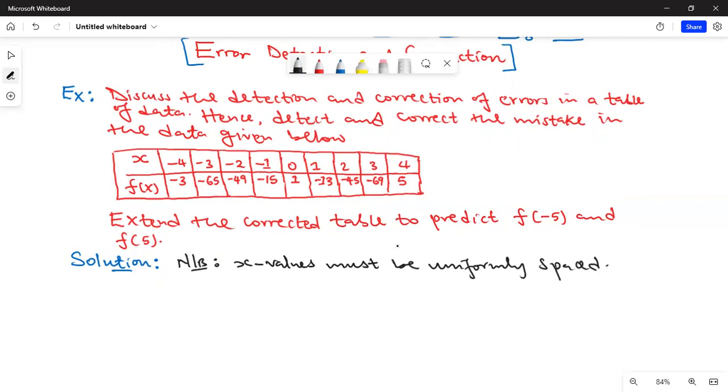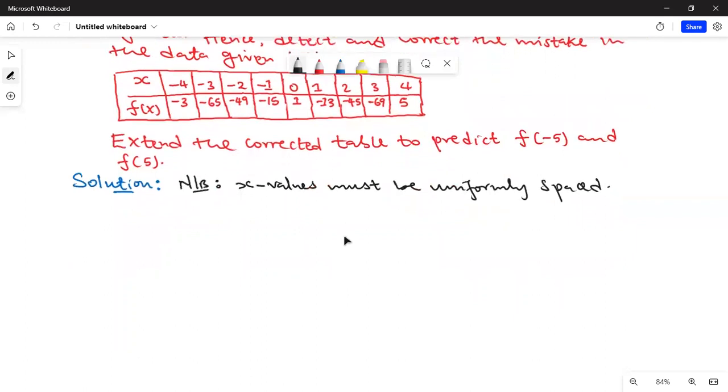So I want us to consider this table. Consider the table below. We consider the following table with an error.